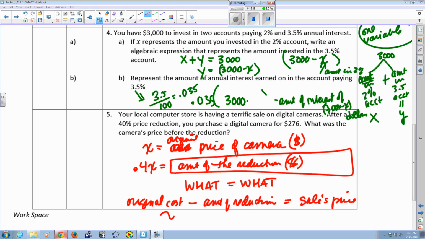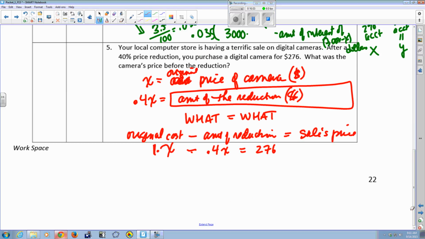The original cost is X. Let's put a 1 in front of it to say the whole thing, the 100% of X. Take away 40% of X is equal to 276. These are like terms. 1x take away 0.4x is 0.6x equals 276. Then you divide both sides by 0.6, and that's what you arrived at as 460.